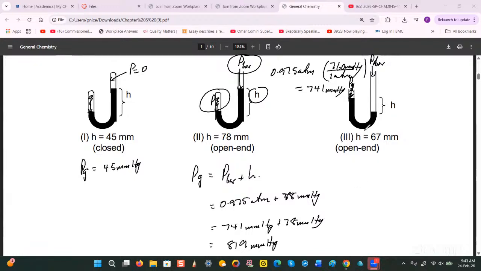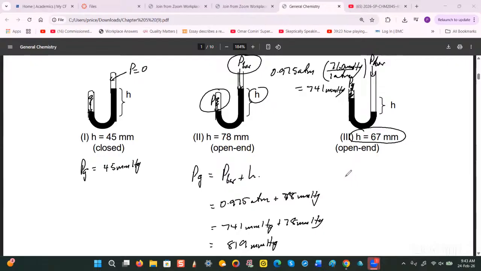And the difference in the mercury levels, the height difference between the two mercury levels on either side is 67 millimeters, which represents the difference in pressures, right? So based on the fact that the mercury level here is higher than the mercury level here, we can say that P bar is greater than PG, right? And the difference would be the 67 millimeters mercury.